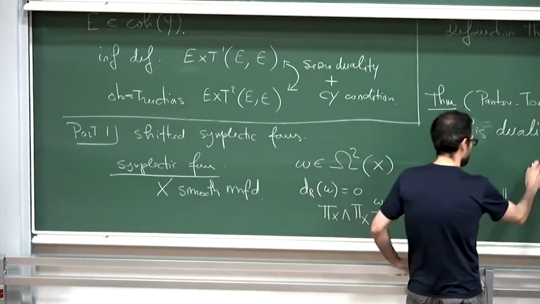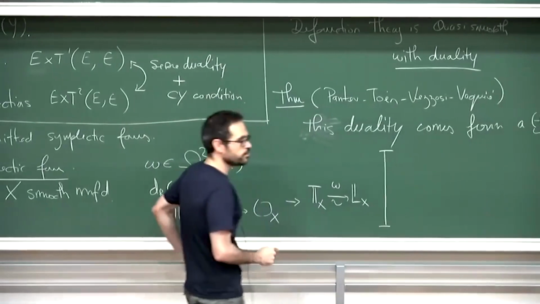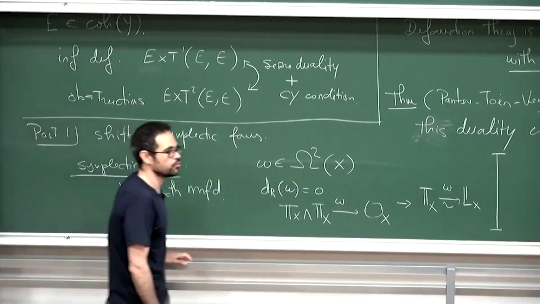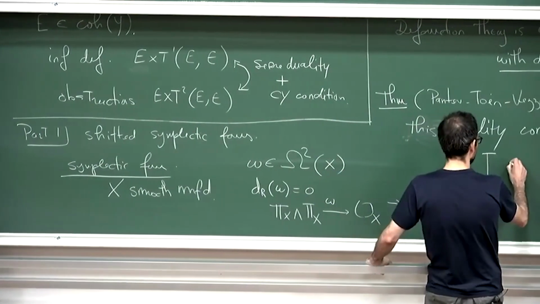So the moment we have this, we can try to formulate a definition for what a symplectic form is in algebraic geometry.